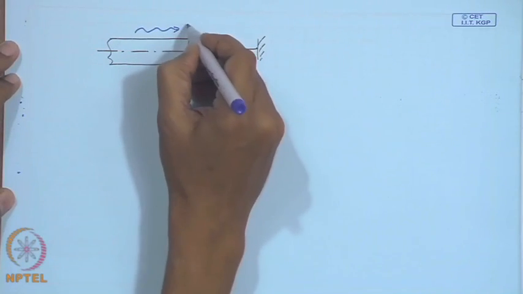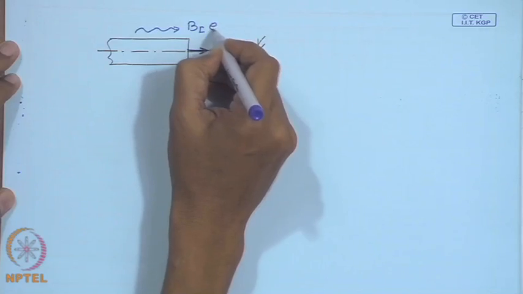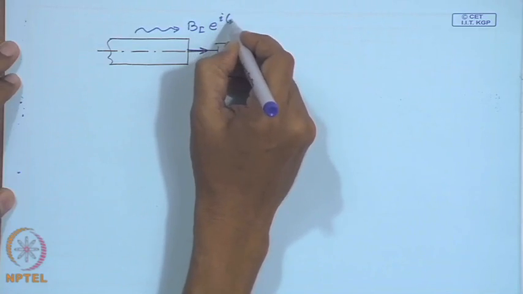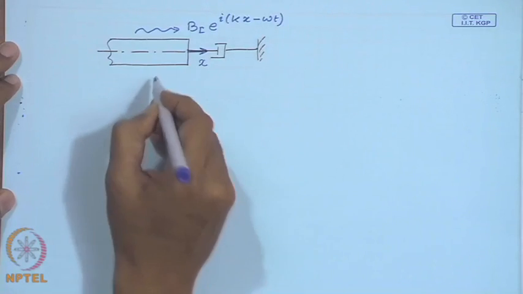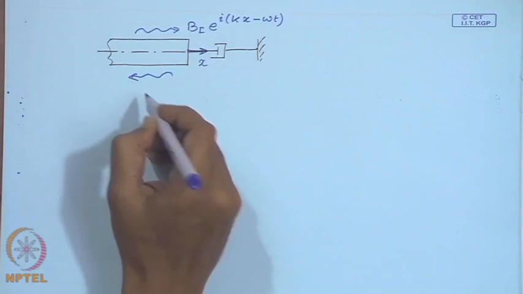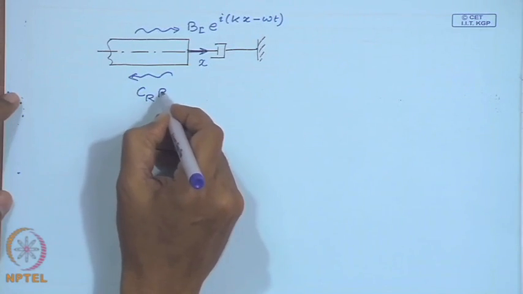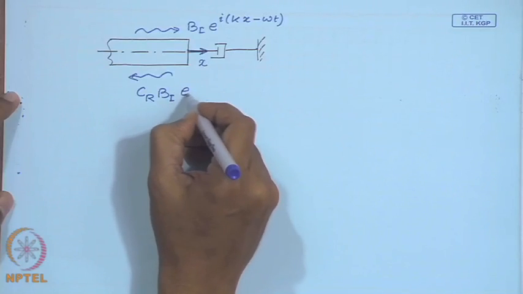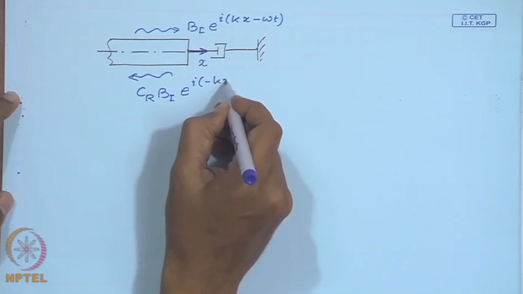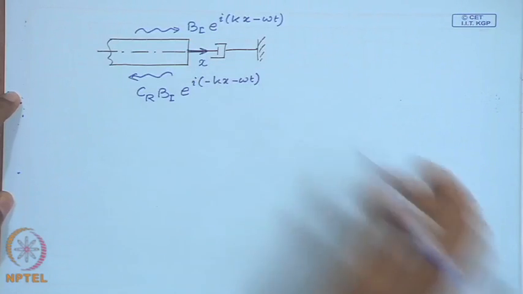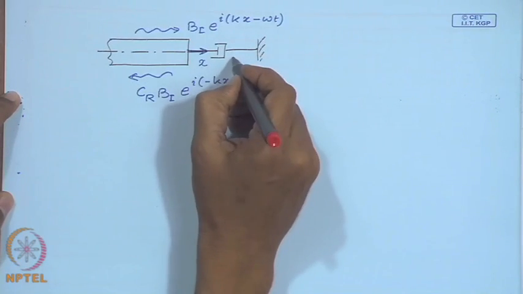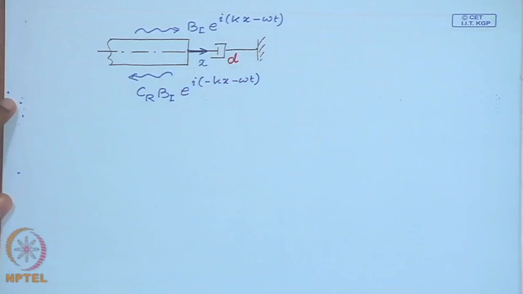So, once again we have an incident wave, a reflected wave, and we consider that this damper has a damping coefficient d.